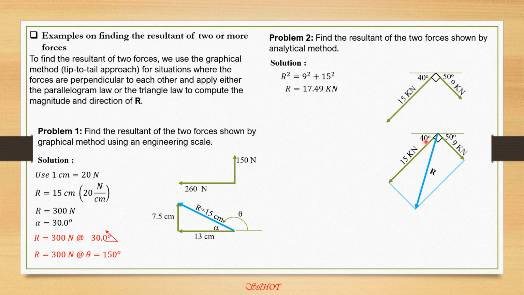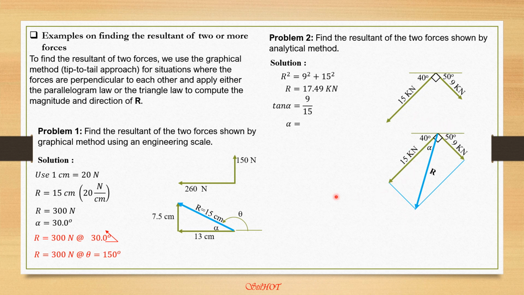Then let's compute for this angle here. Let's call that alpha. So it may be cosine of alpha equals 15 over R, or the best way is we will not use R because we computed that. We use the given information. So tangent alpha is opposite over adjacent, so it is 9 over 15.